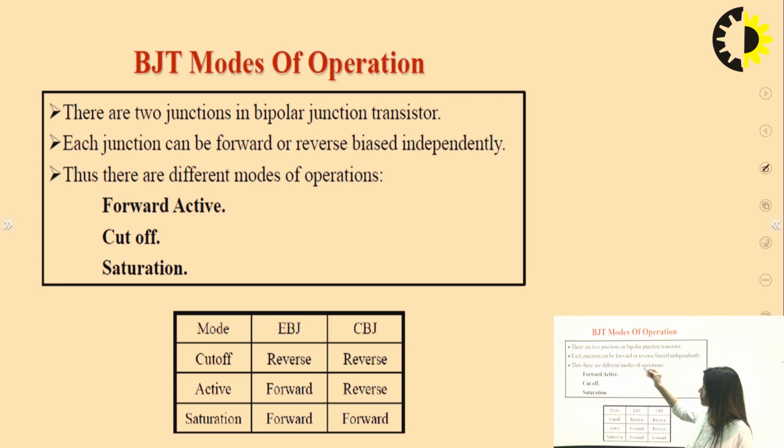For the active mode, the first junction should be forward and the second one reverse, that means emitter-base forward and collector-base reverse. If both are reverse, then the transistor will work in the cutoff region. And if both are forward, then the transistor is in the saturation mode.